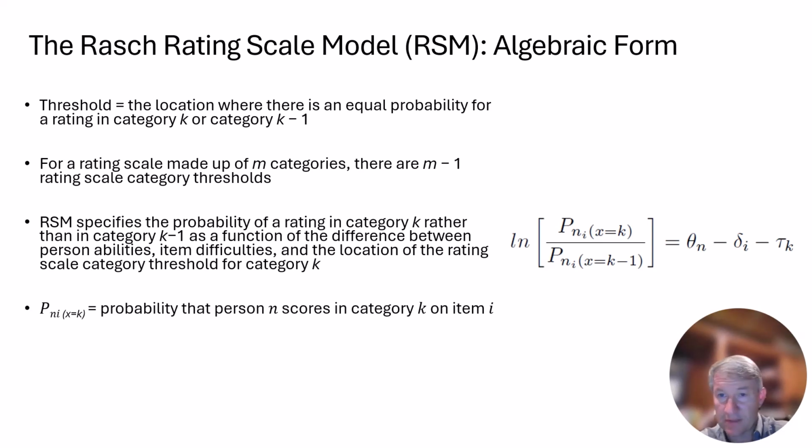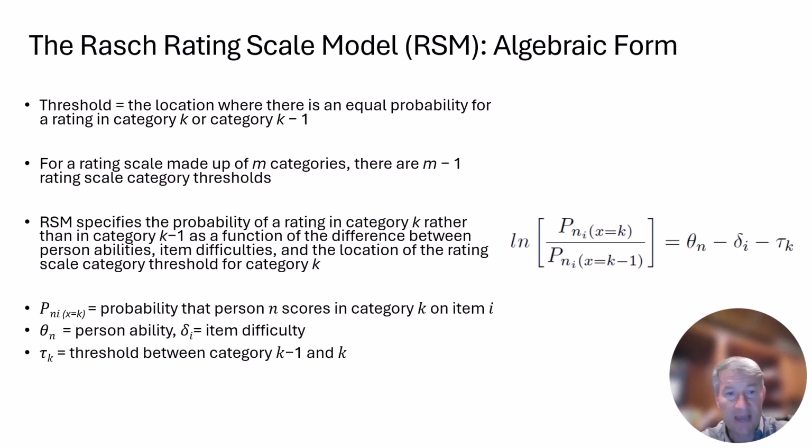So specifically in this algebraic expression, the probability sub ni for x equal k is the probability that person n scores in category K on item I. Theta sub n, again, is the person ability or the amount of latent trait that they possess. Delta sub I is the item difficulty.